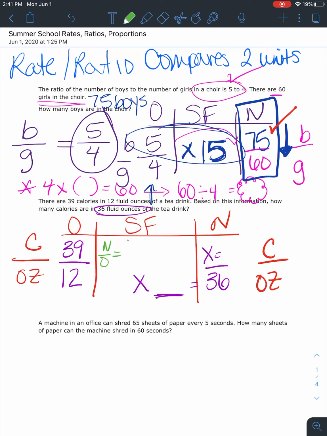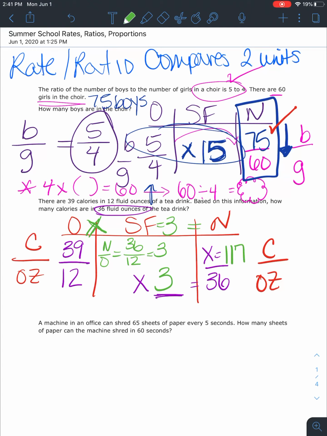So 36 over 12, and that simplifies to 3. That means my scale factor for this problem is 3. So I'm going to multiply old numbers times 3, and it's going to give me my new numbers. I'm going to get out my handy dandy calculator because I don't want to make a mistake. 39 times 3 is 117.